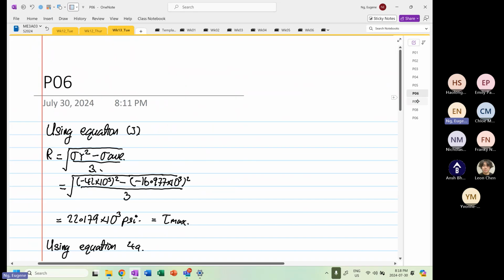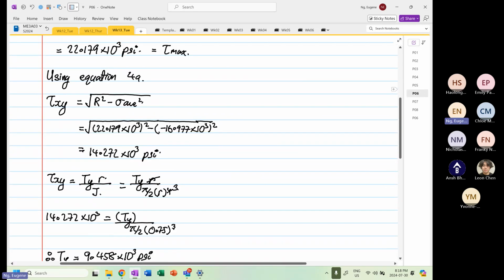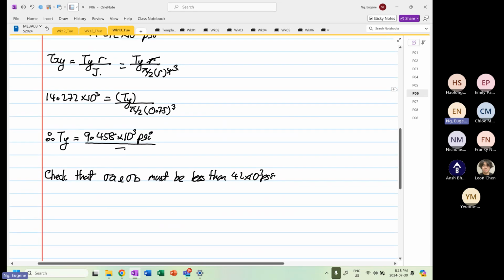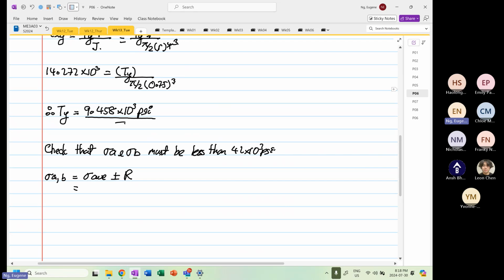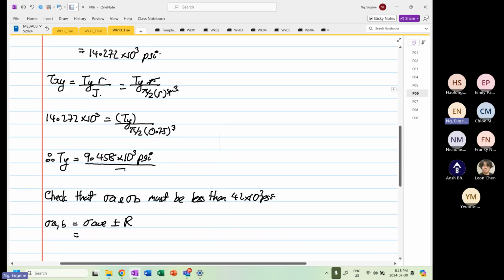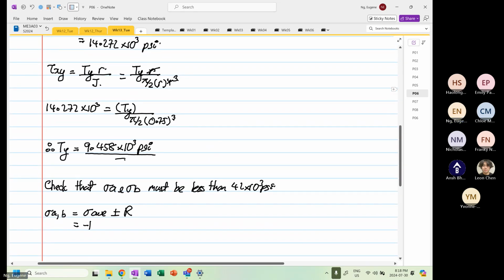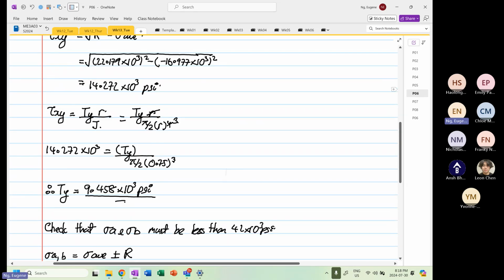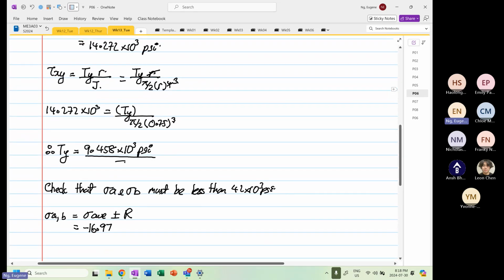So to determine stress A and stress B is not difficult because we know the formula. Stress A and stress B is equal to the average stress plus or minus the radius, which we have. So the average stress is equal to minus 16.977 times 10 to the power 3 plus or minus the radius.